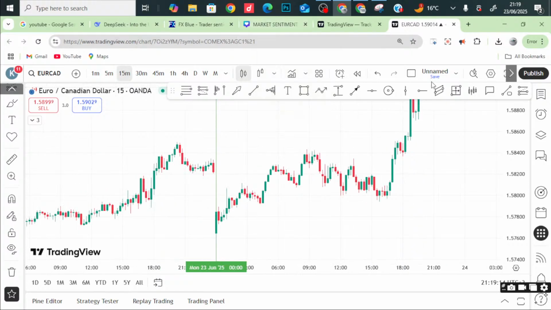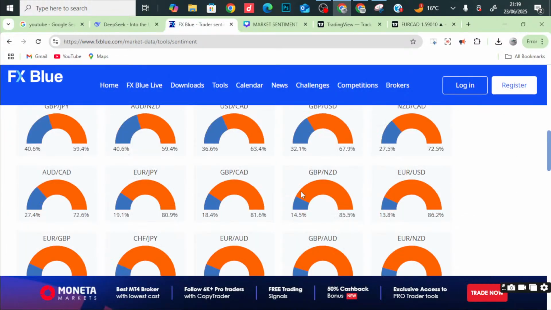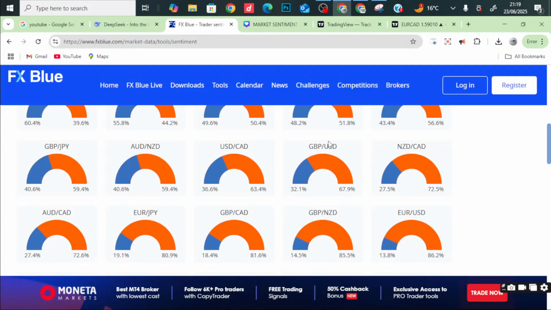Okay. So now look at another currency pair. Let's look at GBP USD.